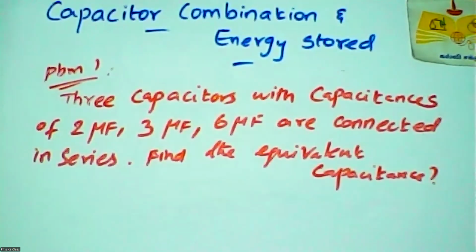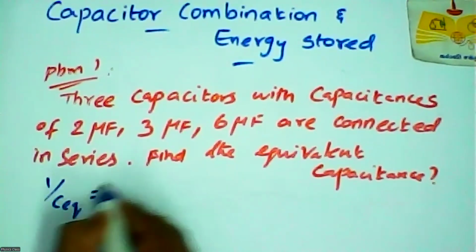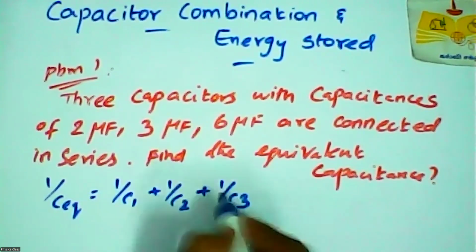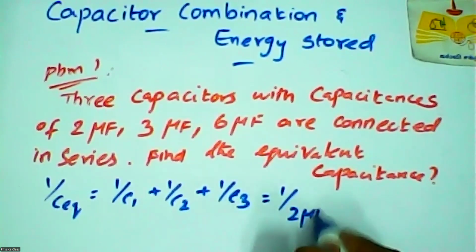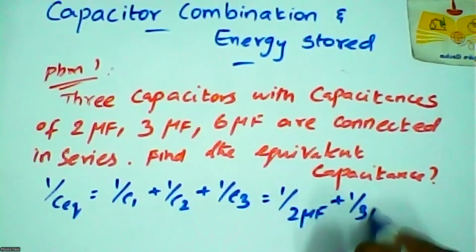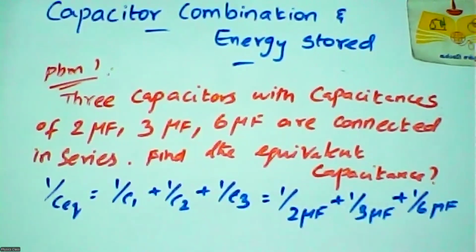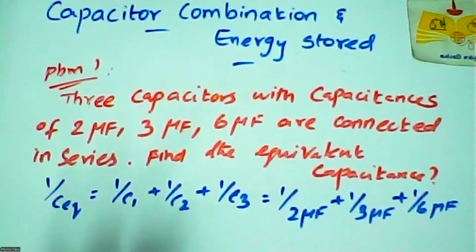So we use the reciprocal formula, that is 1 by C equivalent equals 1 by C1 plus 1 by C2 plus 1 by C3. That is 1 by 2 microfarad, 1 by 3 microfarad, 1 by 6 microfarad. To add these fractions, we find the common denominator, which is 6.